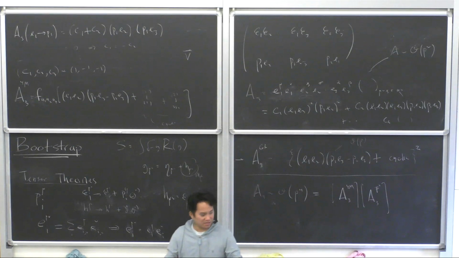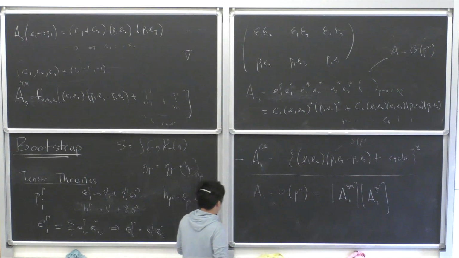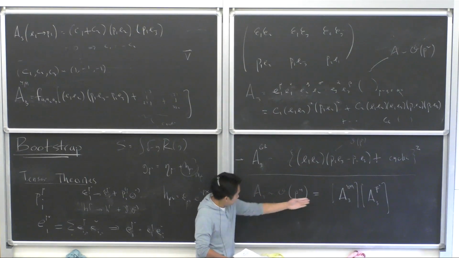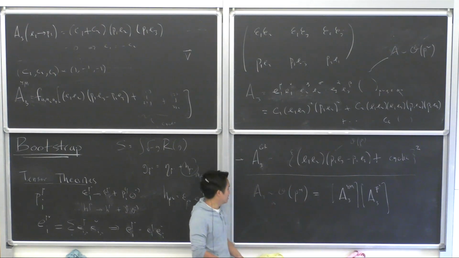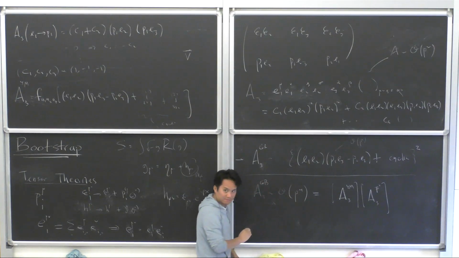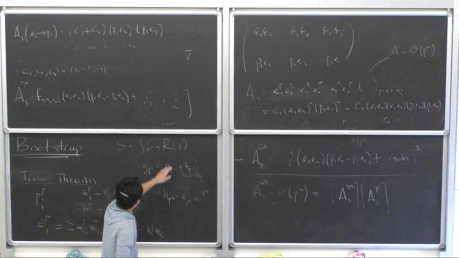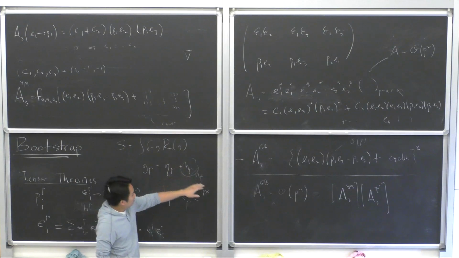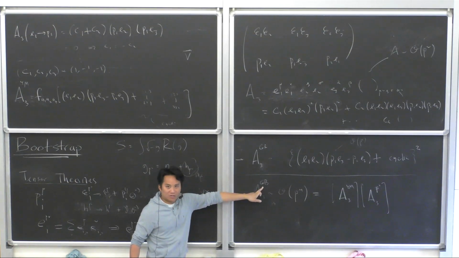What's maybe slightly more surprising is that this thing in gravity has a name. This is the leading higher derivative correction in gravity, GB, which means Gauss-Bonnet.